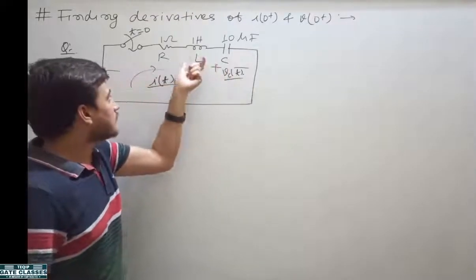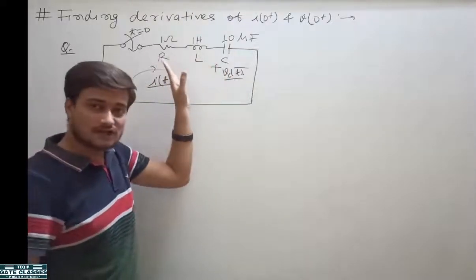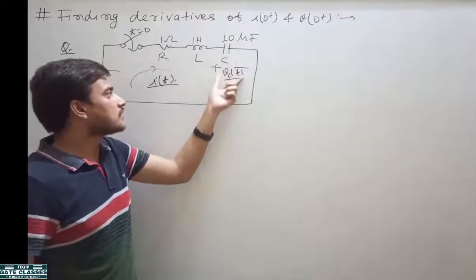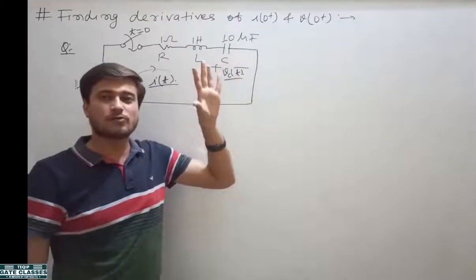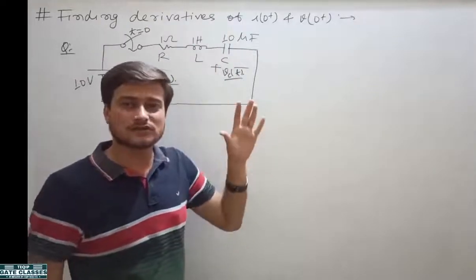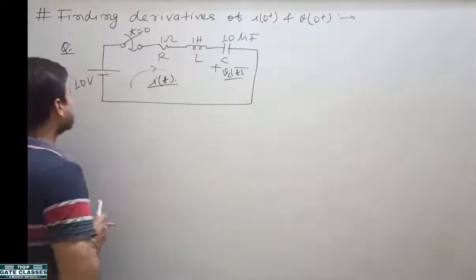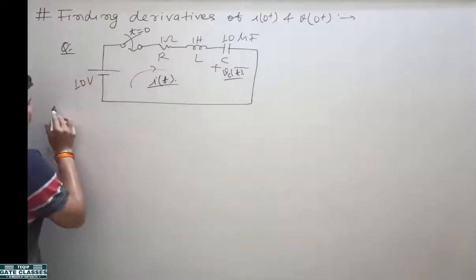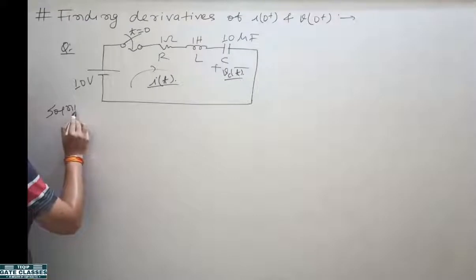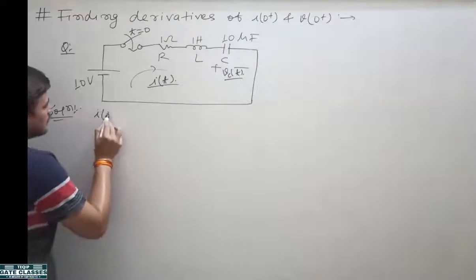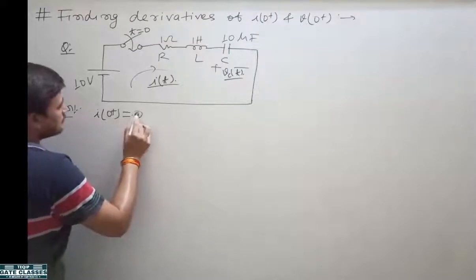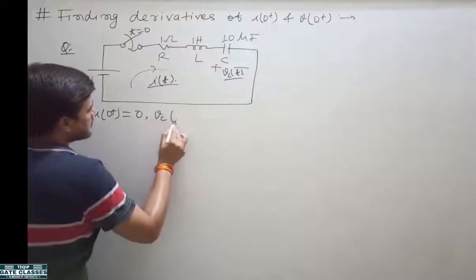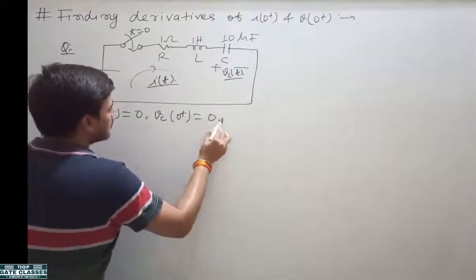So the current through this circuit will still be 0 and the voltage across this capacitor will still be 0 because a capacitor does not allow sudden change in voltage. So in the solution, you will write I0 plus will be equal to 0 and VC0 plus will be equal to 0.